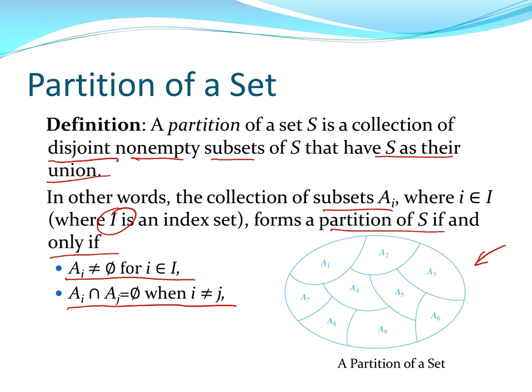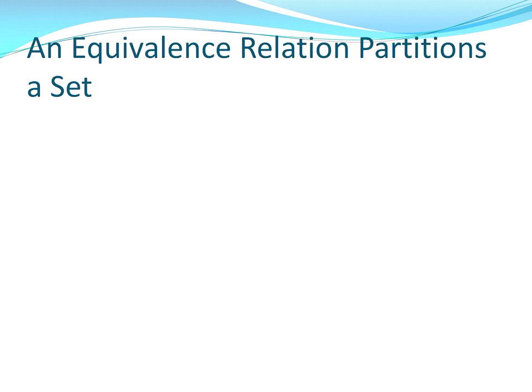That's what disjoint means. And the union of all of them gives us S. So non-empty sets, non-equivalent indices make the subsets disjoint, and their union makes the whole set.